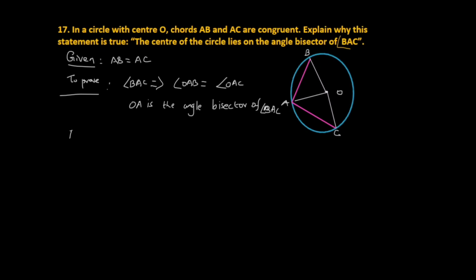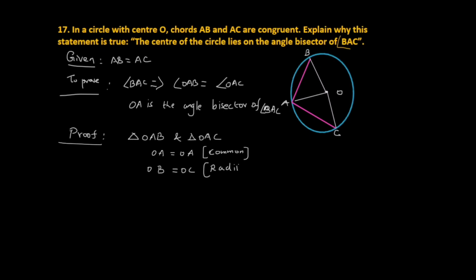So for the proof, we are going to consider two triangles, triangle OAB and triangle OAC. In these triangles, OA is equal to OA, common side. Then OB is equal to OC, radii of the circle. Then AB is equal to AC, given.